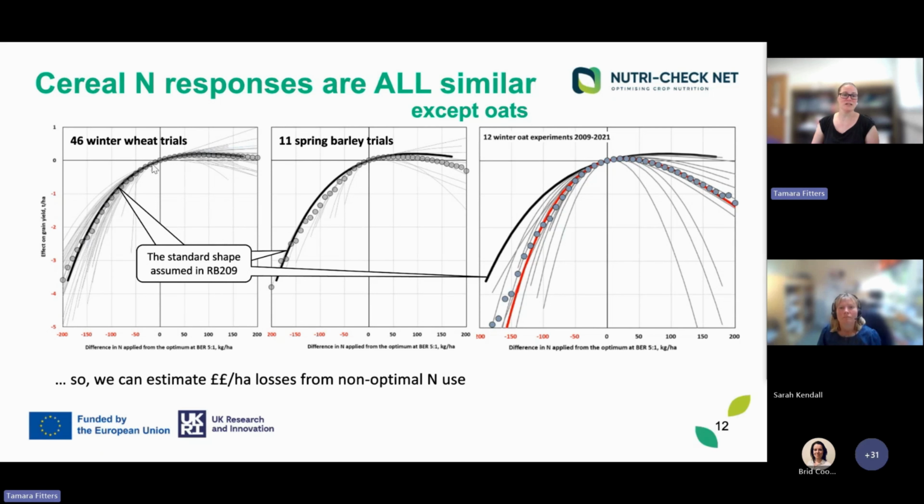And then you can see that there's quite a steep drop off here, which means that if you don't apply enough nitrogen, there's quite a high yield penalty, which results in quite strong economic losses. So getting your nutrition right is really important. We can estimate how many pounds a hectare are lost from non-optimal nitrogen use.